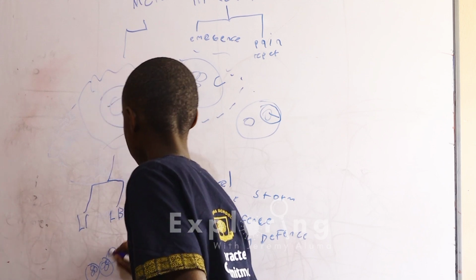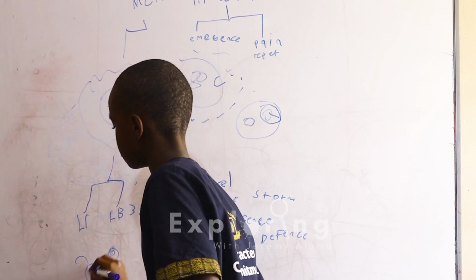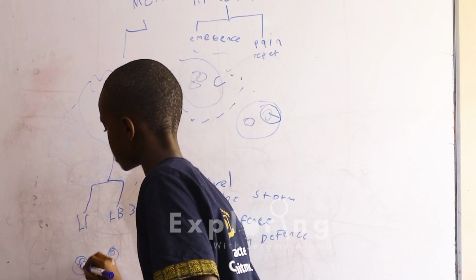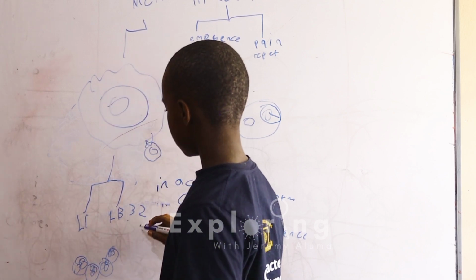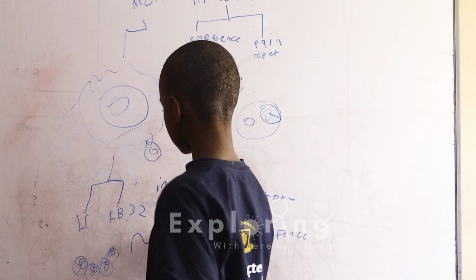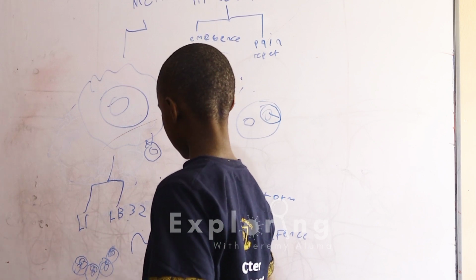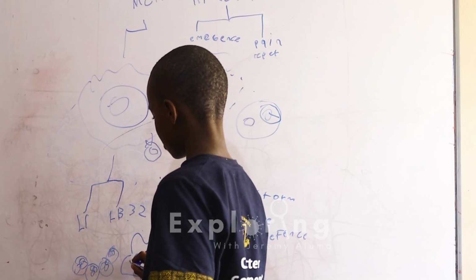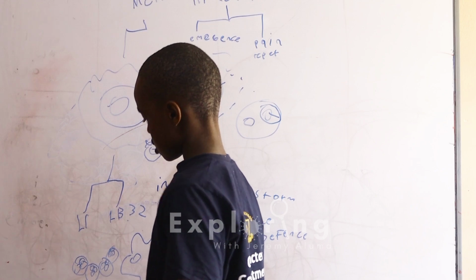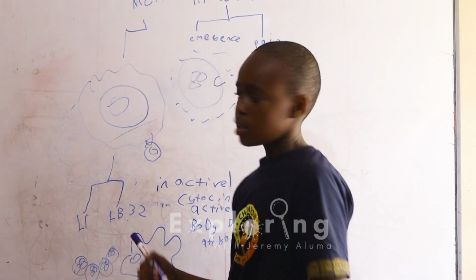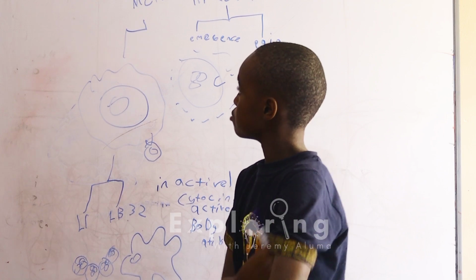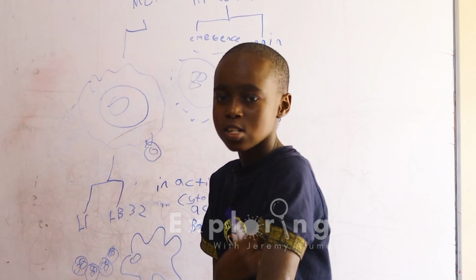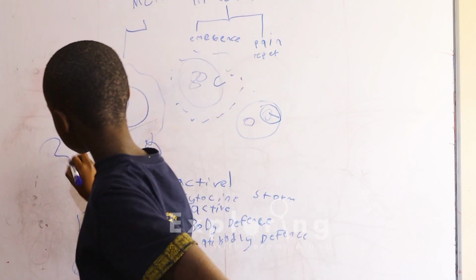This is when autoimmune diseases sometimes happen because more cells are recruited. LB32 makes macrophages grow bigger and stronger so they can eat more enemies. Now these two can cause a side effect if mistreated and can cause bodily defense.